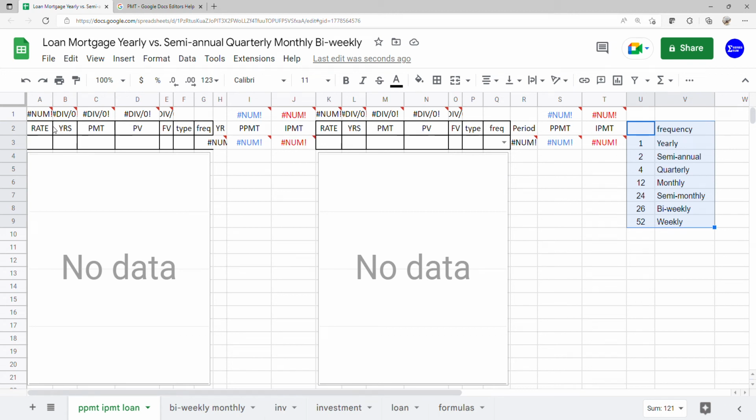In this video, we'll use the Google Sheets financial functions of rate, NPER, PMT, PV, present value, future value, PPMT, and IPMT over the changing frequencies of yearly payment, semi-annual payment, quarterly payment, semi-monthly payment, monthly payment, bi-weekly and weekly payments.